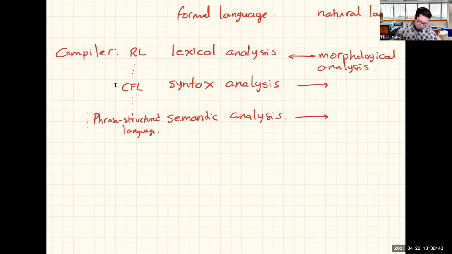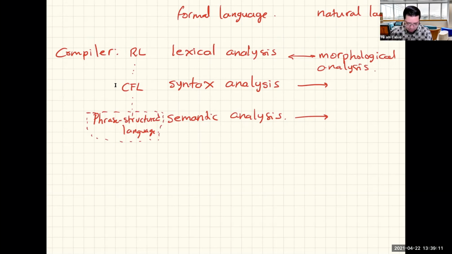But this is like a dotted one because this is not so standard. We can say this part is very classic, this is very classic, and this is also very classic, but this is not so classic. The people who study languages are concerned with semantics, but not everyone would say that this is always tackled with a phrase structured language.